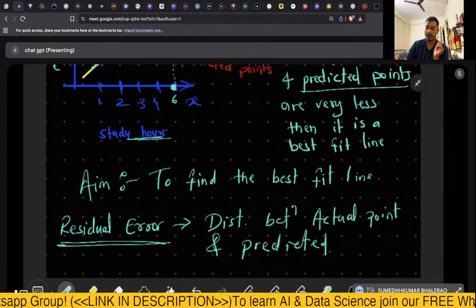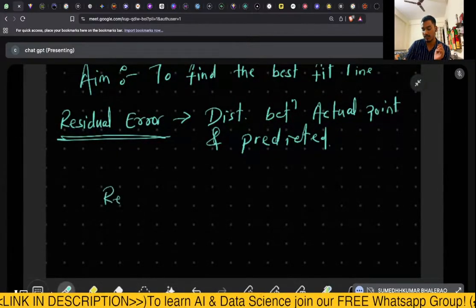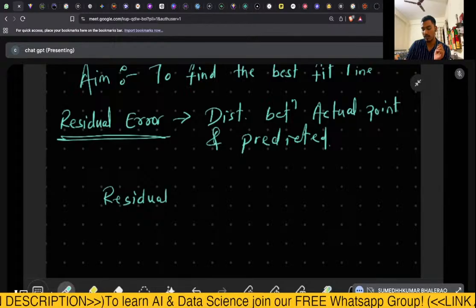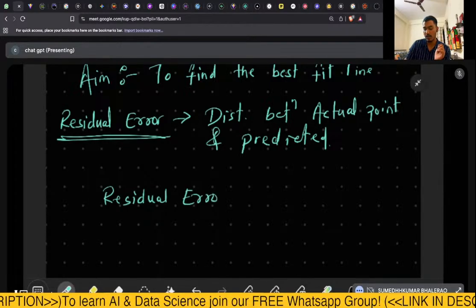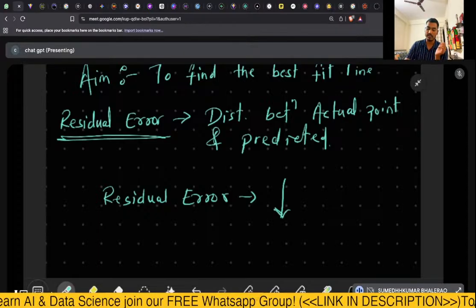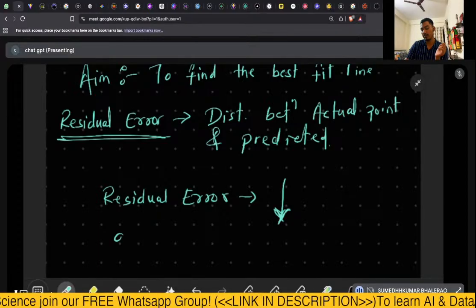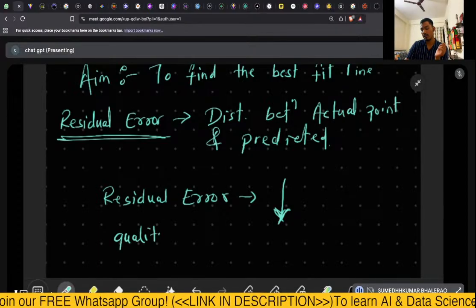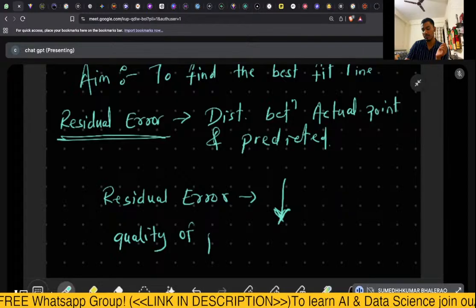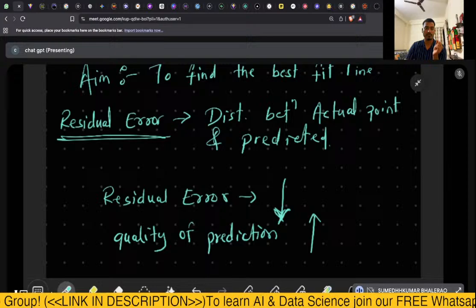It means if the residual error is less, the quality of prediction must be high, right?